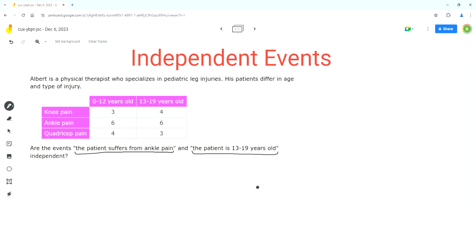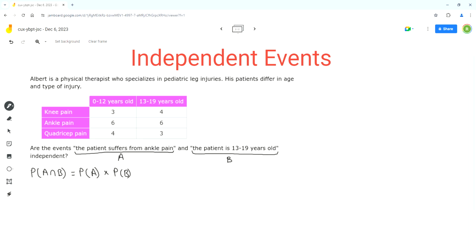So for that we'll have to use the equation for independent events, and the equation is probability of intersection of events A and B is equal to probability of event A times probability of event B. Let's assume event A is the patient suffers from ankle pain and event B is the patient is 13 to 19 years old.